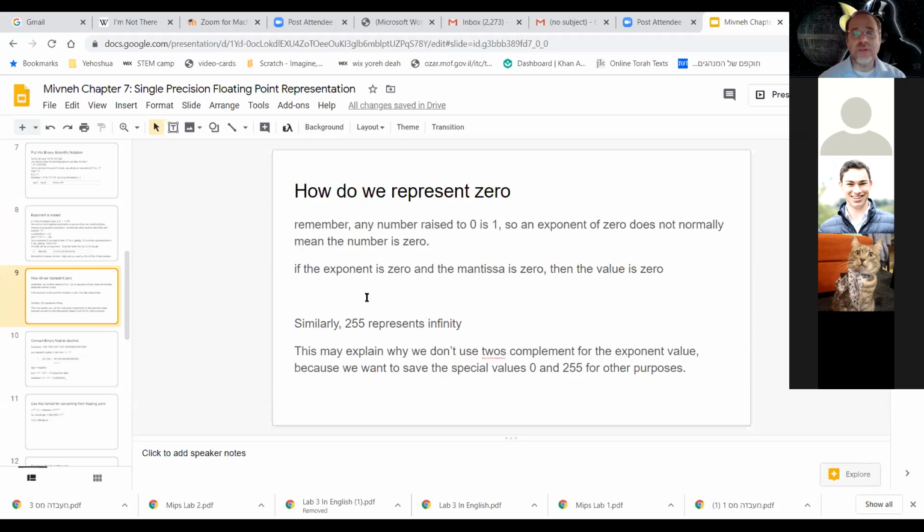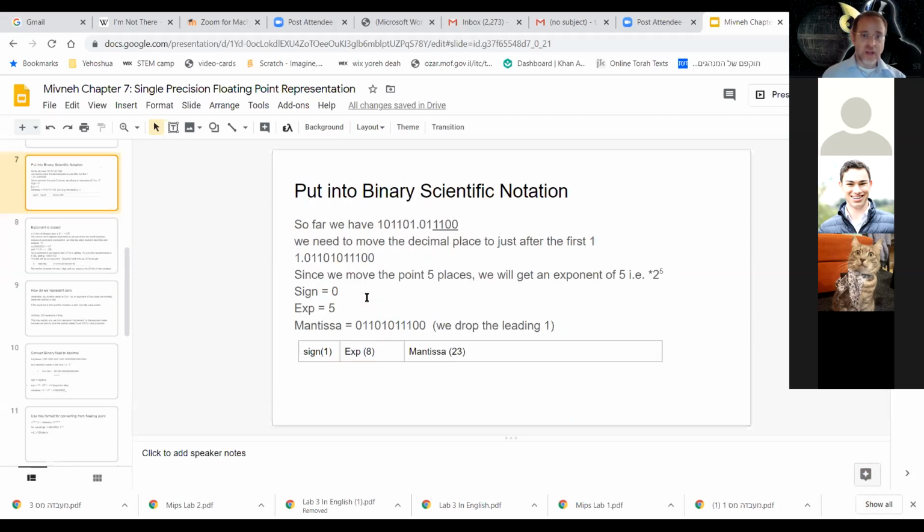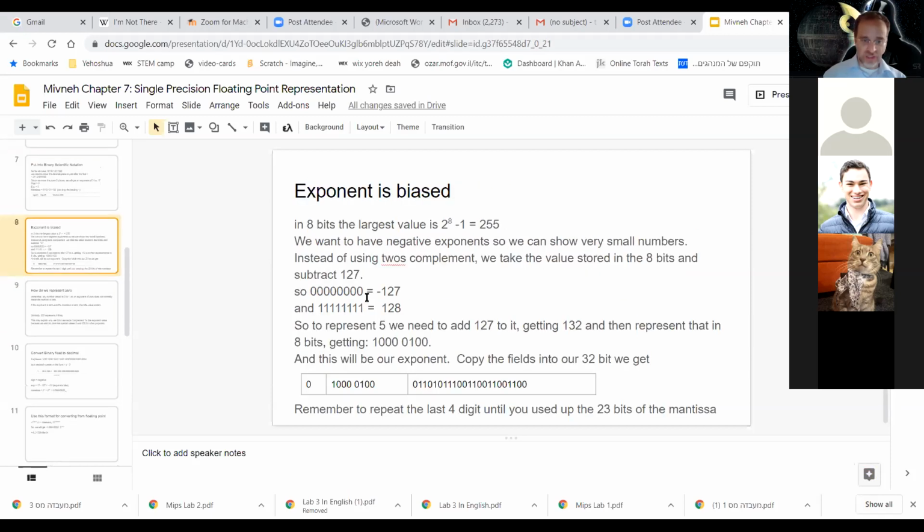So anyway, how do we represent 0? Remember, any number raised to 0 is 1. So an exponent of 0 does not normally mean that the number is 0. How would we represent a 0? If I put a 0 in the exponent, that means raise it to the power 0.